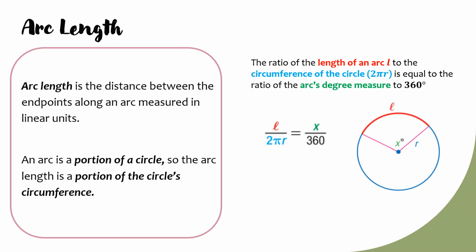The ratio of, and we often use cursive L to represent the length of an arc, or arc length, to the circumference of the circle, which is given by 2 pi r or diameter times pi, is equal to the ratio of the arc's degree measure.